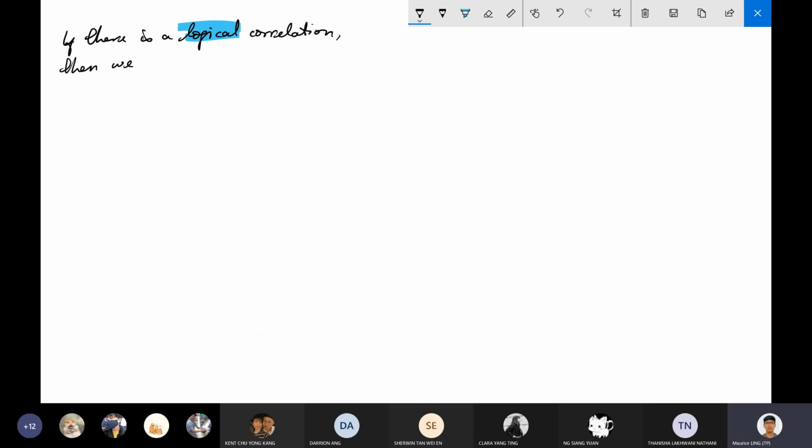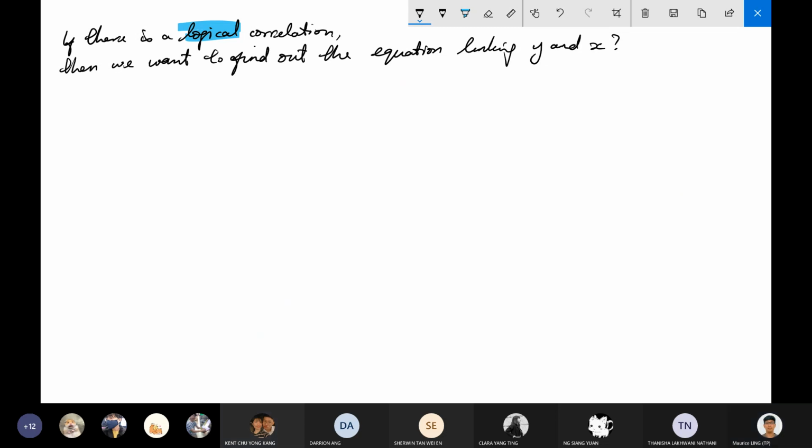Then we want to find out the equation linking y and x. Sorry, what is the highlighted word? Logical. That means the correlation actually makes sense, because later I'll show you that a lot of correlation doesn't make sense.